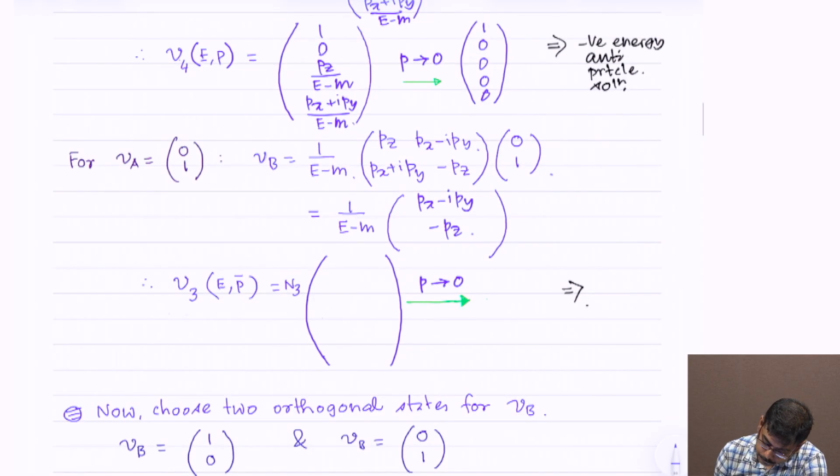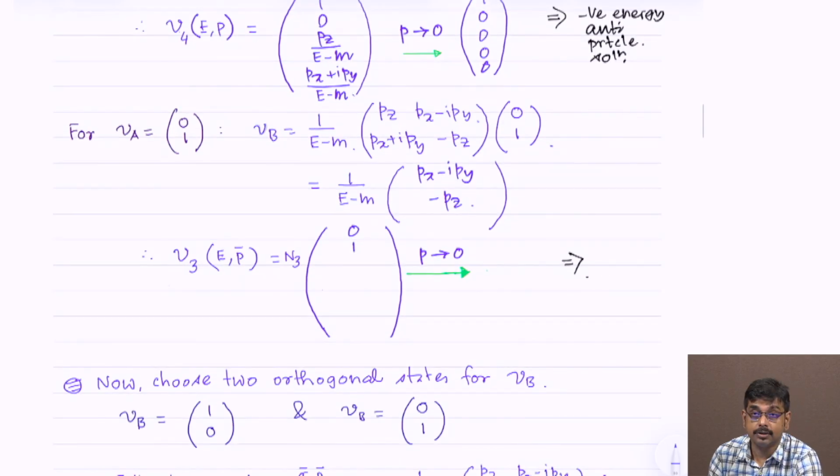Now put everything together, and the full spinor, let us call it V3, will be 0 1, Px minus Ipy by E minus m, and minus Pz by E minus m.